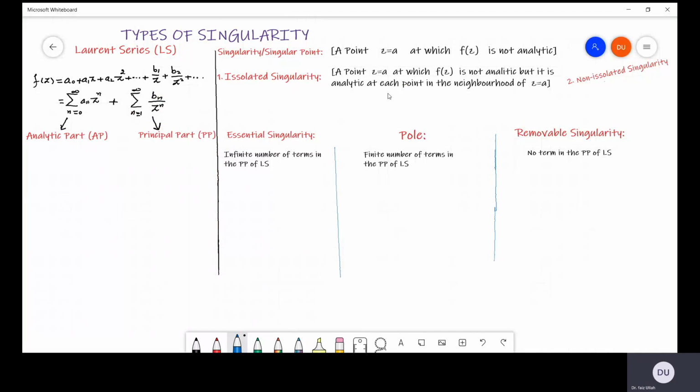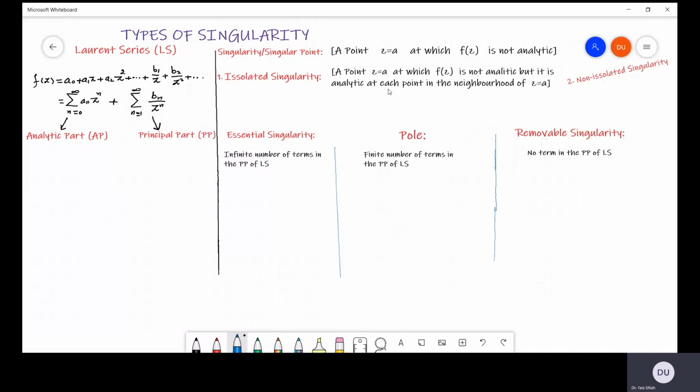So if we are given a function f of z, and we differentiate the function and put z equal to a in f dash of z, we will get infinity or minus infinity. So we will say that the function is not differentiable, or not analytic, at z equal to a.